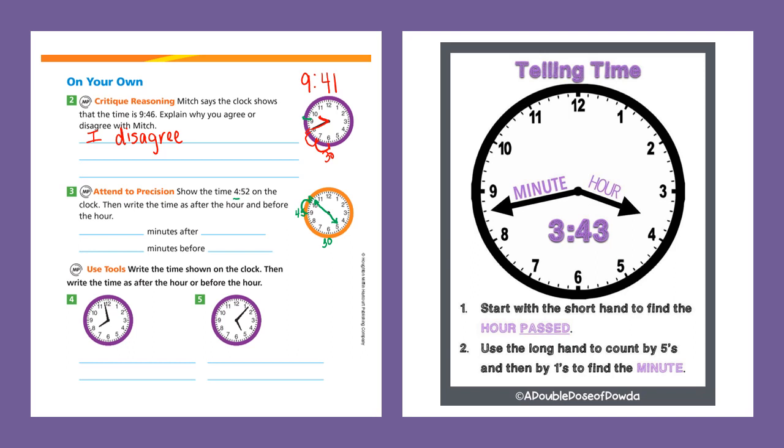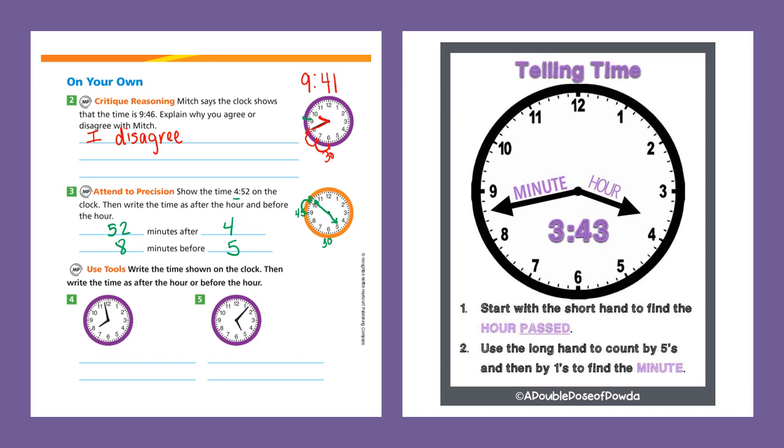And the way we write it in 2 different ways, it is 52 minutes after 4. And how far away is it from the next hour, which is 5? Well, we know that there's 60 minutes in an hour, and I'm at 52. So it's 8 minutes before 5.